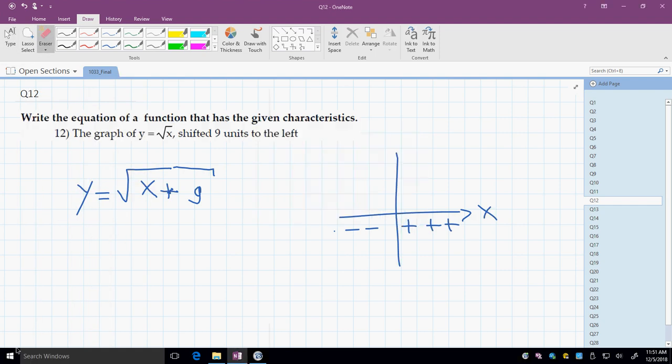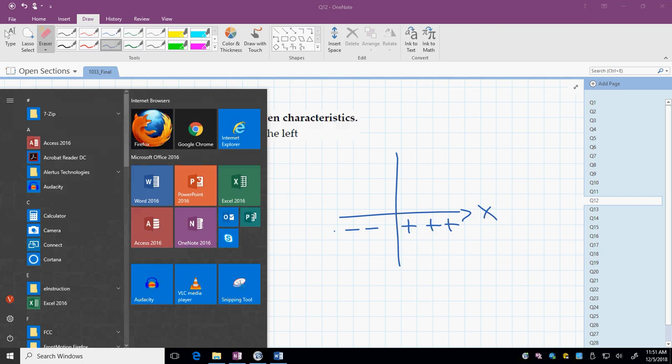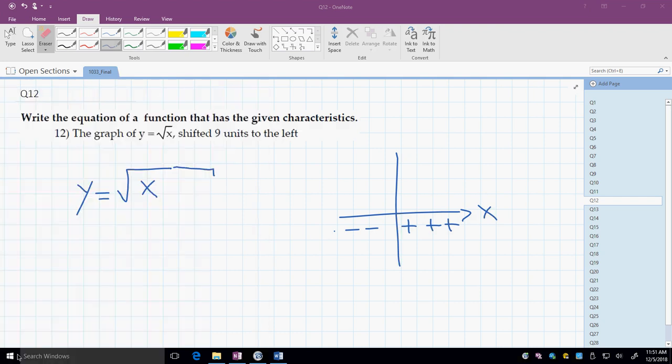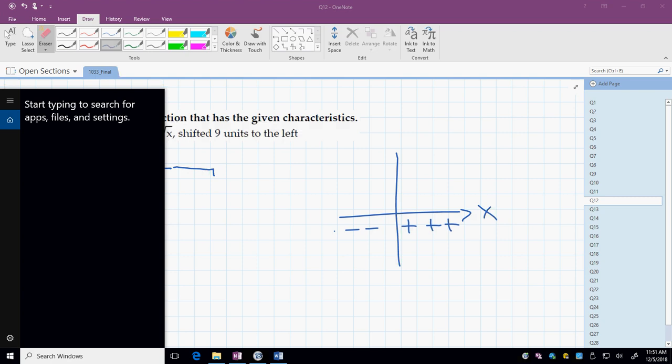Ah, it's doing it again. It did it once. Yeah, and that's actually helping. Or not. I'll just get rid of this.